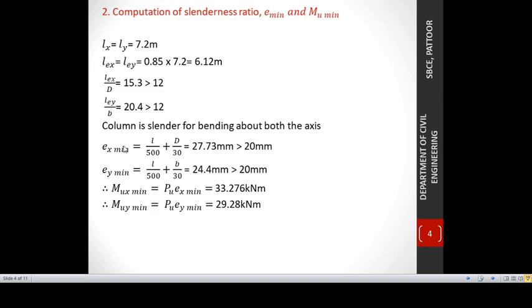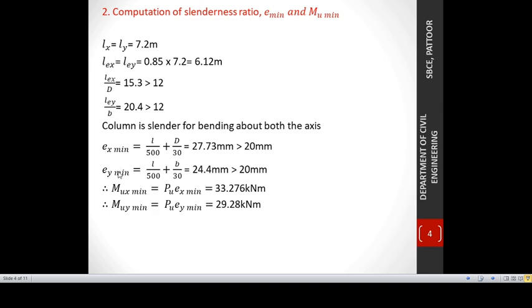Next, we are going to calculate eccentricity in both x and y direction. Ex minimum is L by 500 plus D by 30, which is obtained as 27.73 mm, which is greater than 20 mm. And Ey minimum is equal to L by 500 plus B by 30. As I explained earlier, D is the dimension perpendicular to the y-axis, and B is the dimension perpendicular to the x-axis.